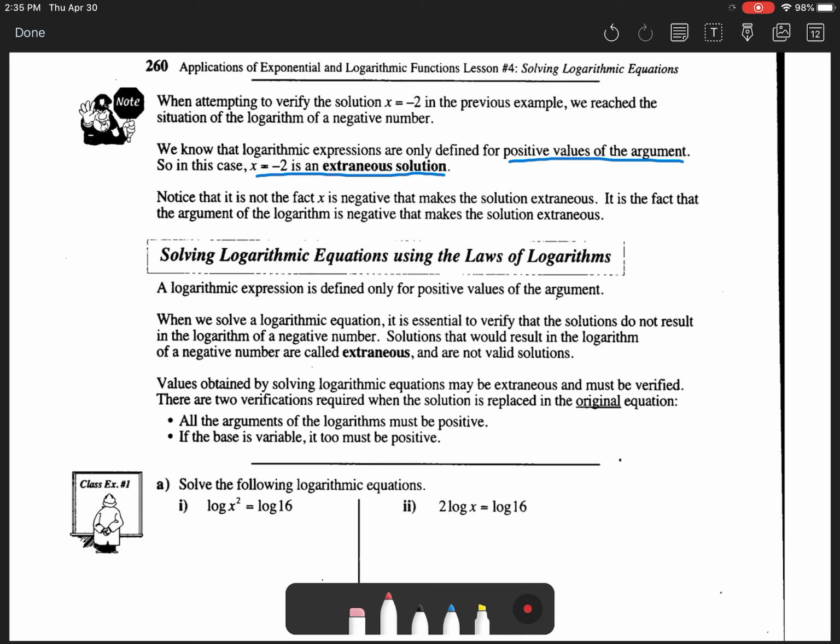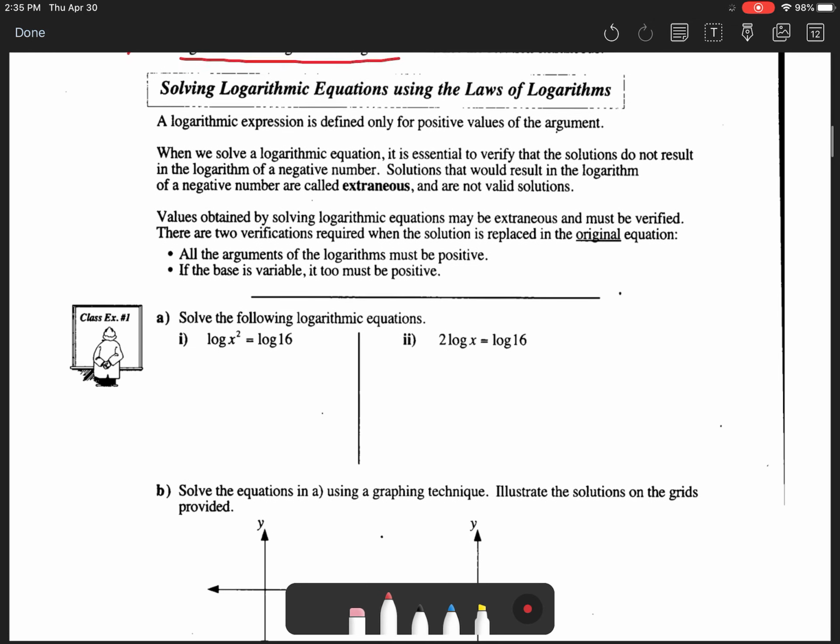An important point here is that it's not the fact that x was negative. It's the fact that the value I substituted in made the argument negative. So just because you get a negative solution, don't assume right away that it's not going to work. It's the substitution into the equation that makes the argument negative, and that's why we can't use it.